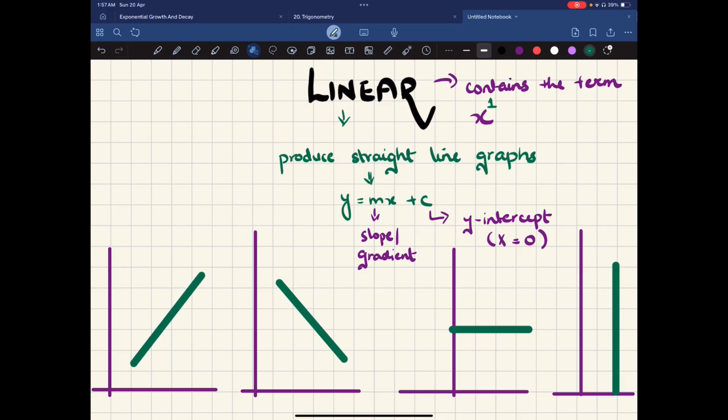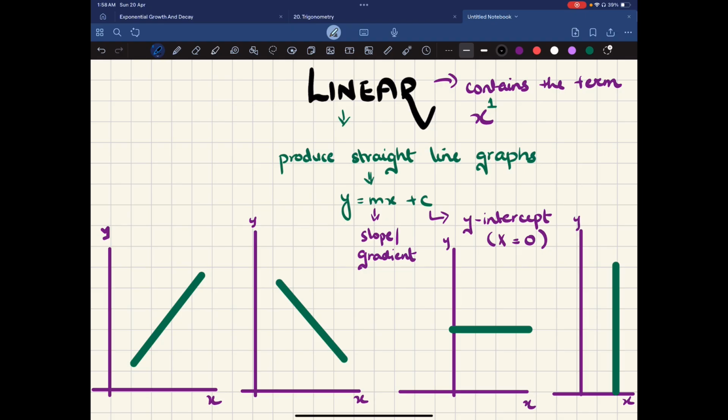So these are the four possible scenarios that can occur in case of linear functions. Again, I'm not going to get into a lot of detail for this, but please revise the chapter of coordinate geometry in case you have any confusions.